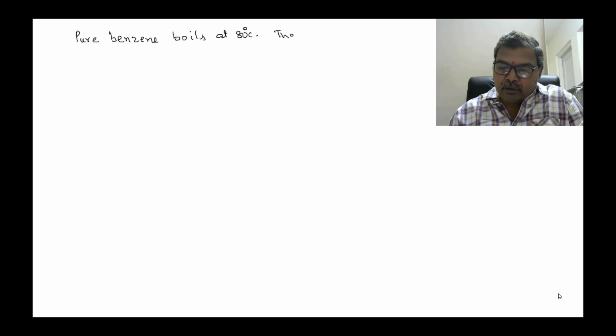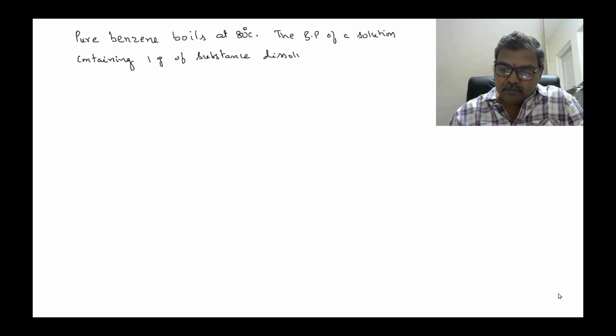The boiling point of a solution containing 1 gram of a substance dissolved in 83.4 grams of benzene is 80.175 degrees Celsius.